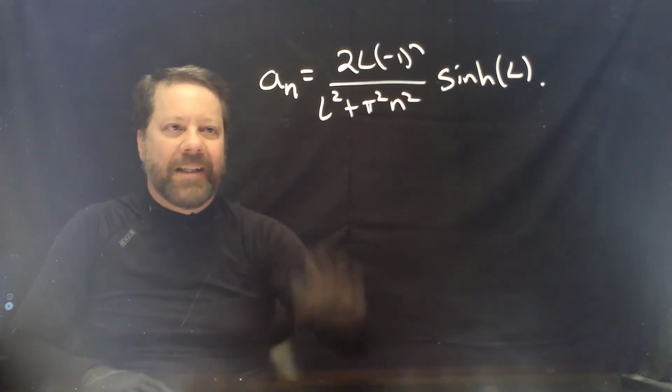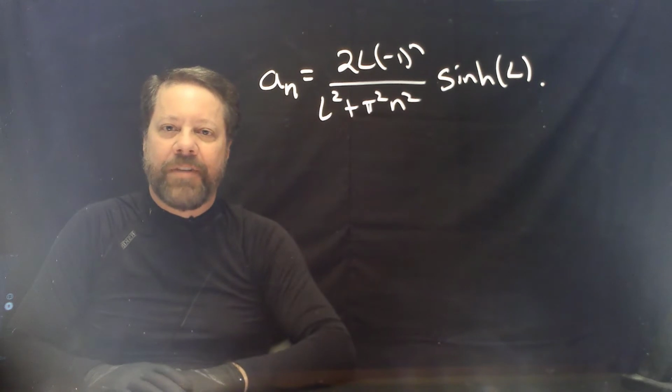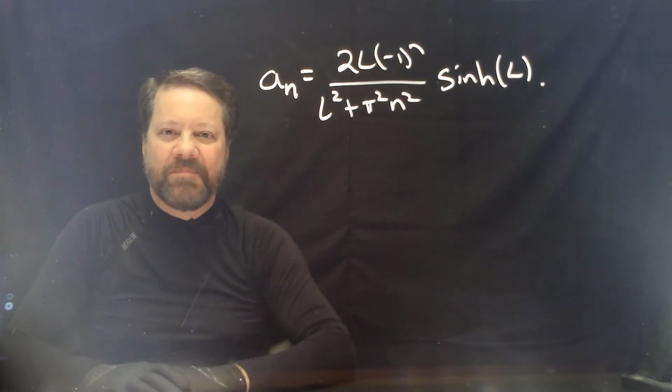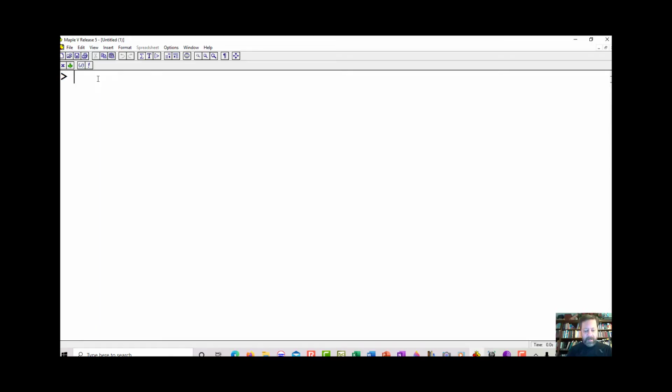Maybe I'll show you how to get the other sequence of coefficients, the bn's, using a computer algebra system like Maple. We can check some of our answers so far. A naught was 1 divided by 2 times L times the integral of, when you calculate the exponential function in Maple, you use the exp function.